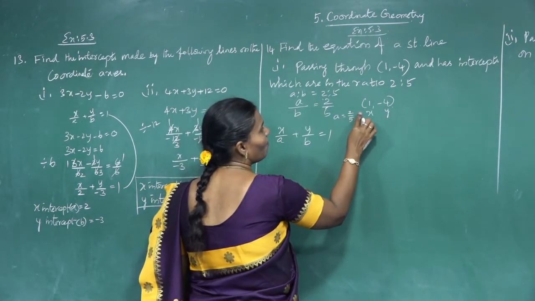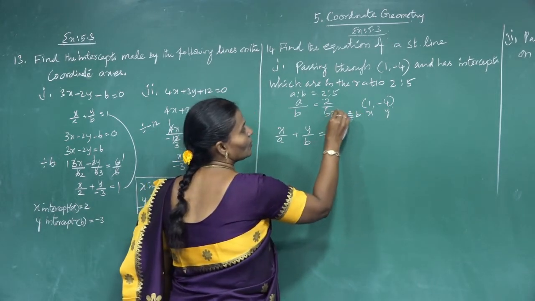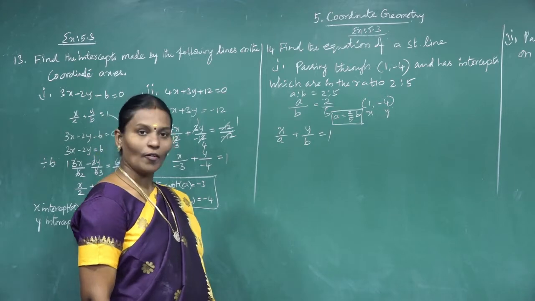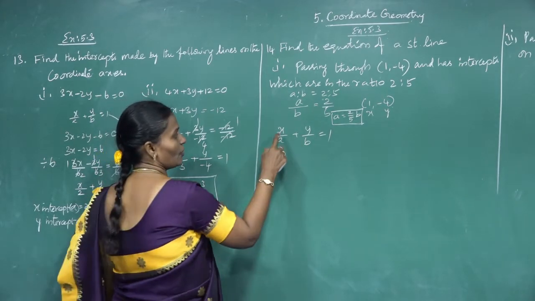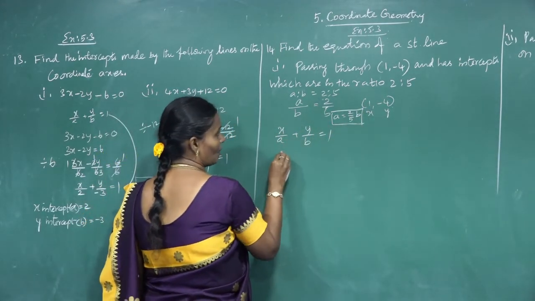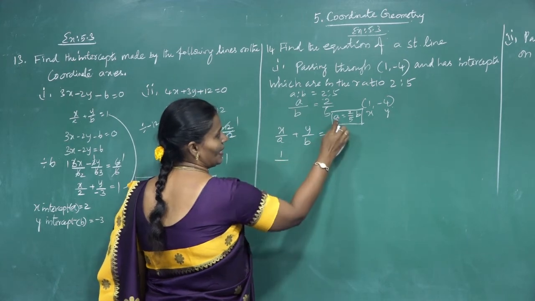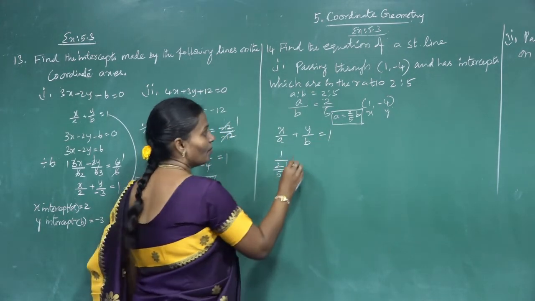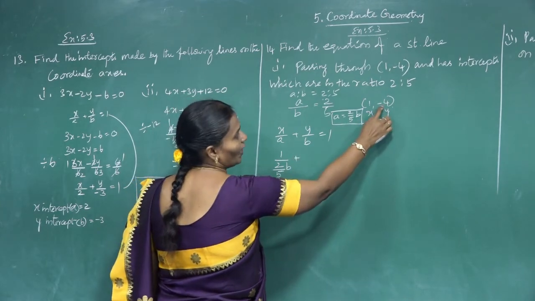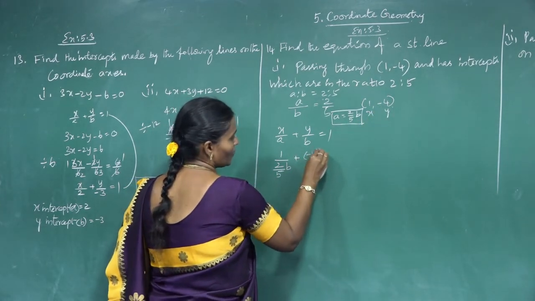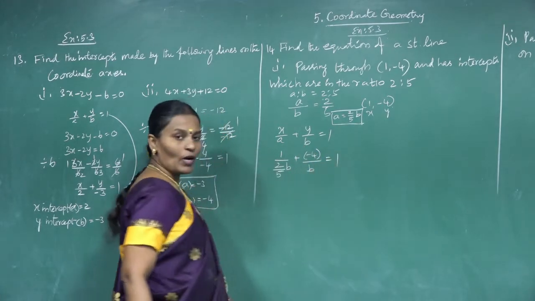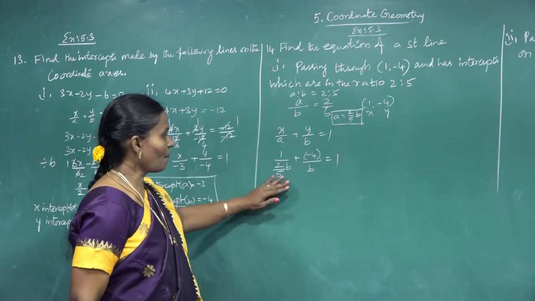So a is equal to 2 by 5 b. Now substitute here. What is x? x is 1. So 1 by a, that is 2 by 5 b, plus, what is y? Minus 4. So minus 4 by b as it is. This is equal to 1. Just substitute that.